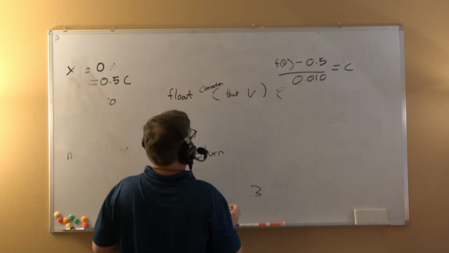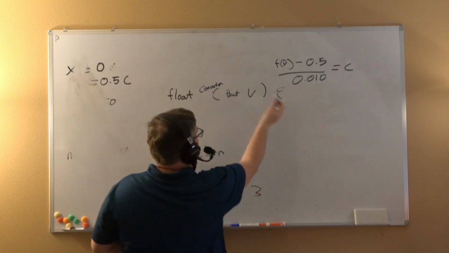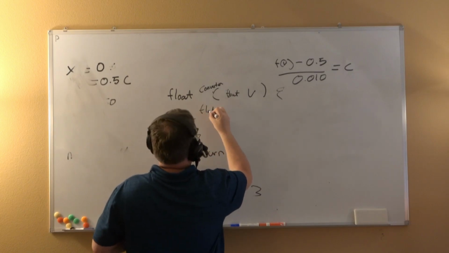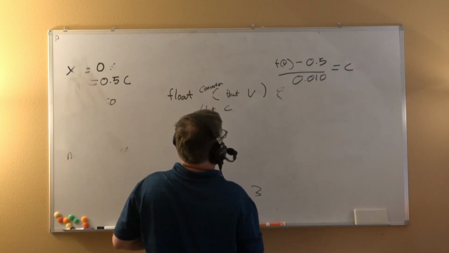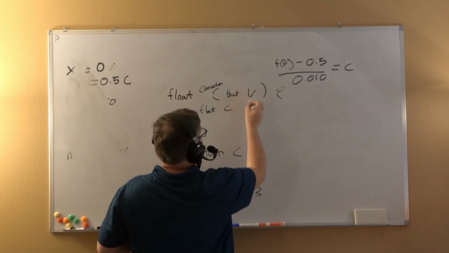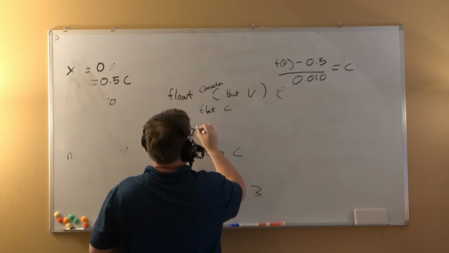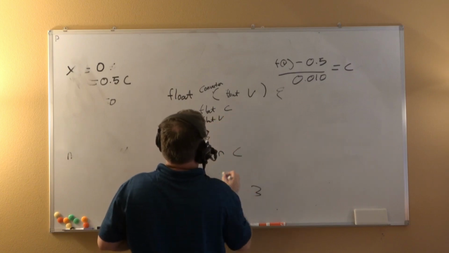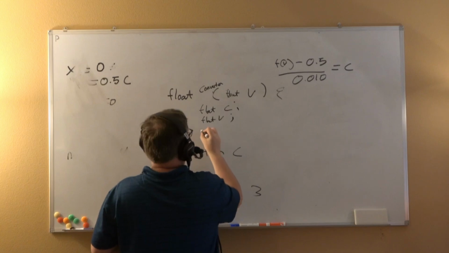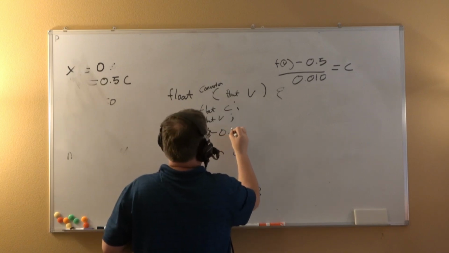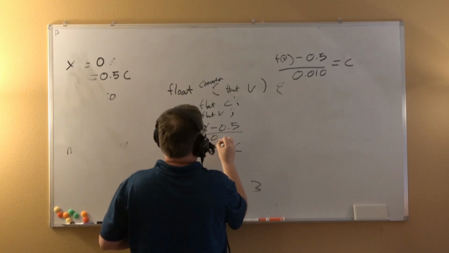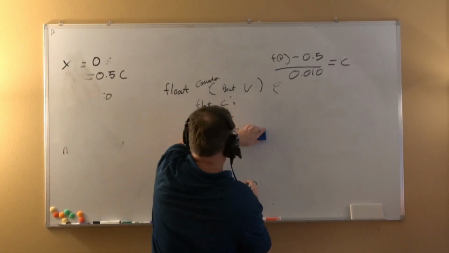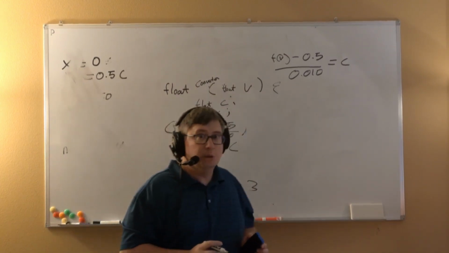Okay, so it's going to go in here, and as it comes in, we're going to call this float C. We want to return C, and as float V comes in, let's make another float, float C, and so it's going to be V minus 0.5 divided by 0.010 equals C. Got that?